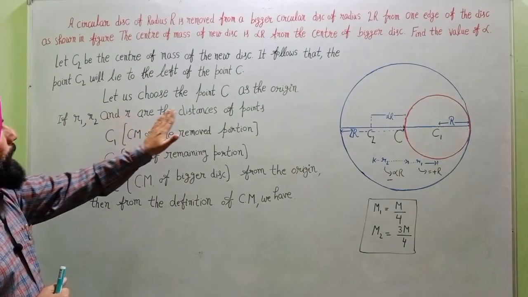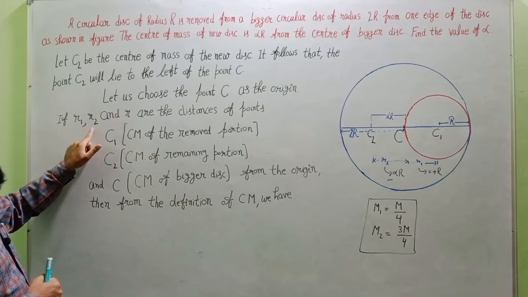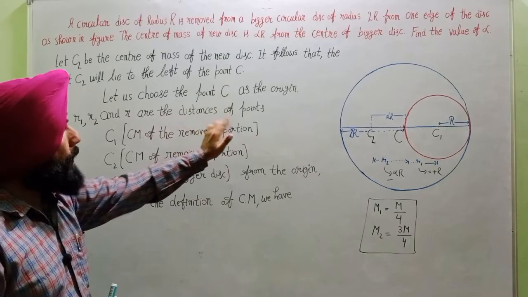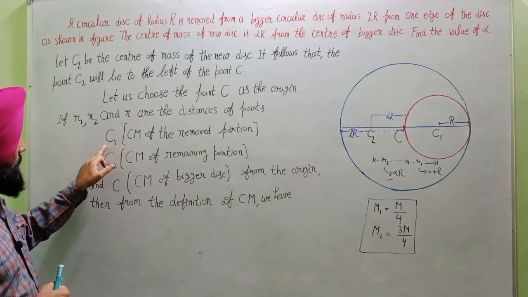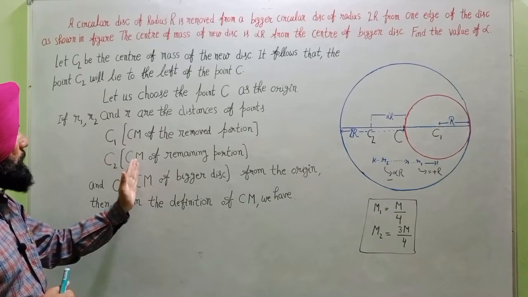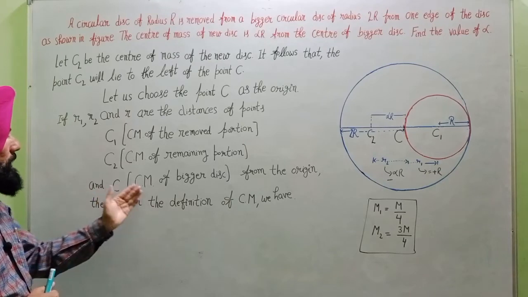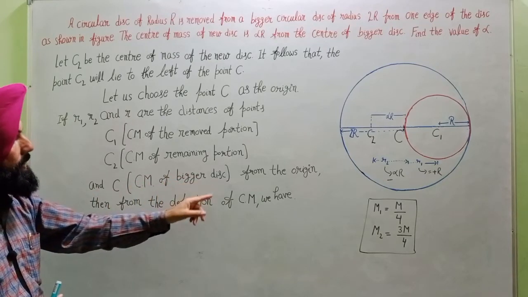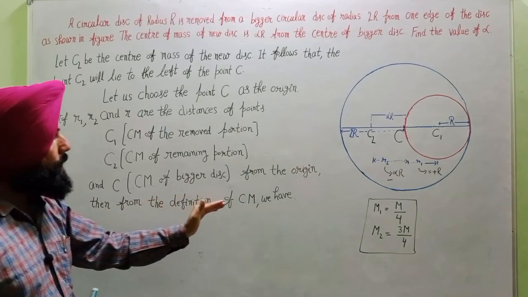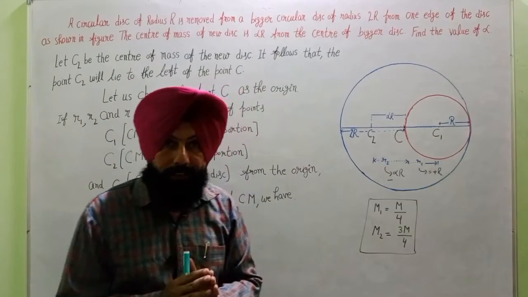Let us choose the point C as the origin, and if small r1, r2 and small r are the distances of points C1, that is center of mass of removed portion, C2, center of mass of remaining portion, and capital C, center of mass of bigger disk, from the origin, then from the definition of center of mass we have. Now we have chosen three distances.